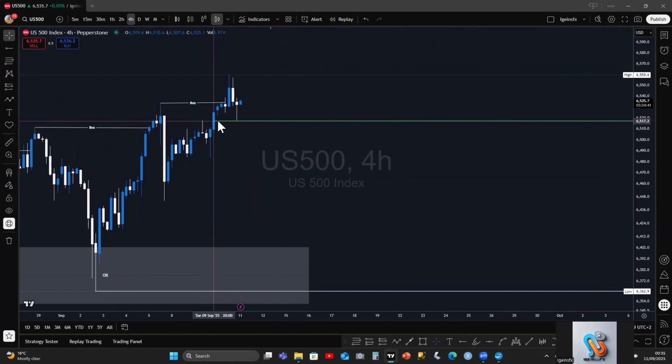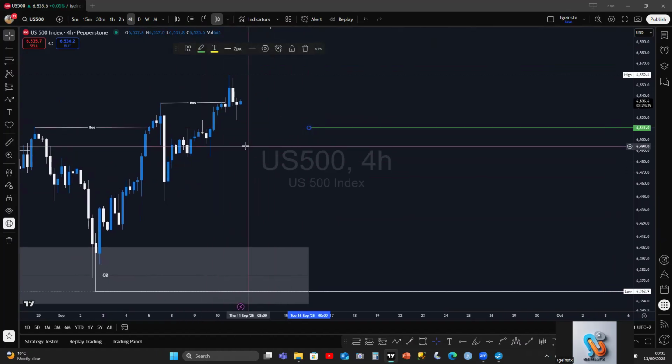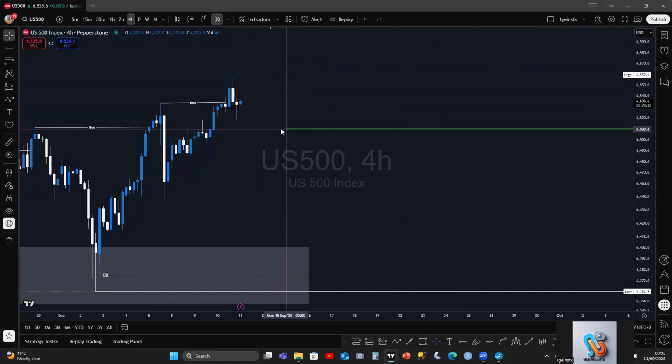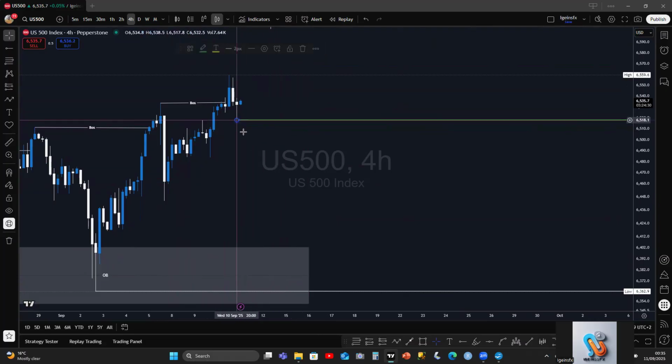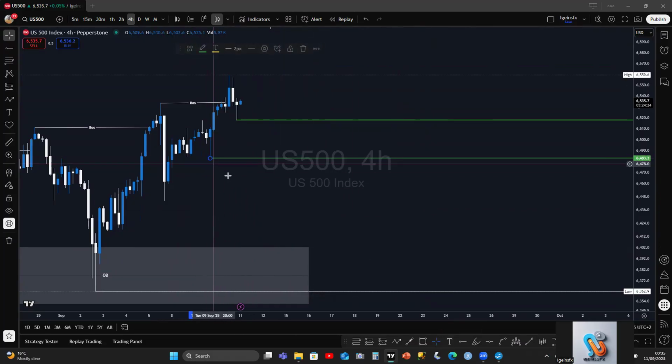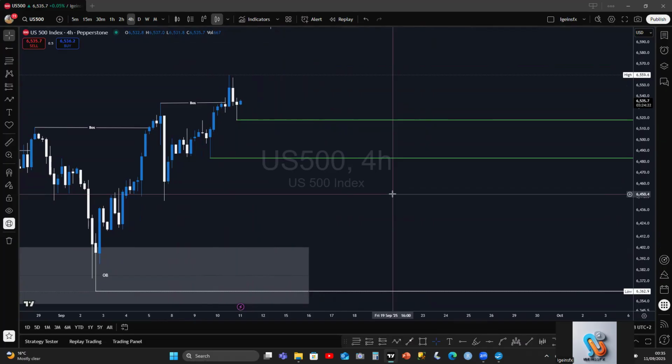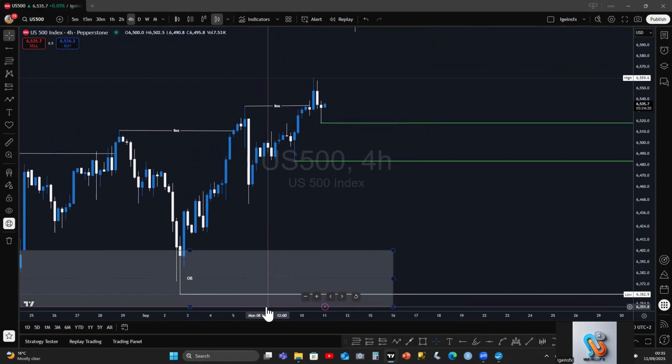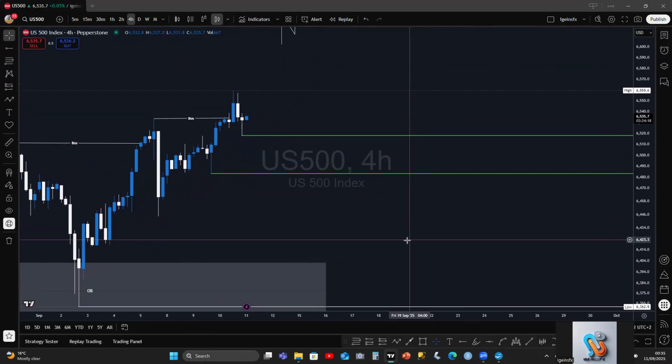Then you can now see price pushing up, retracing. Now it's trying to push to the outside. You see? So that is how it is. That is the SMC strategy for you.